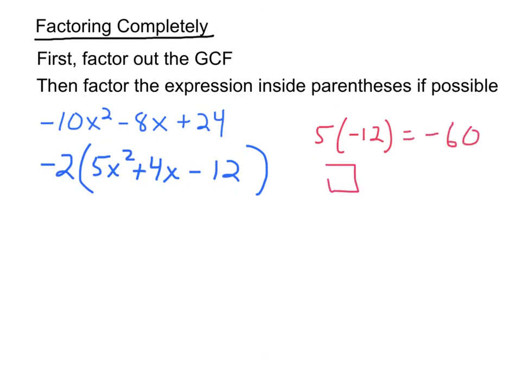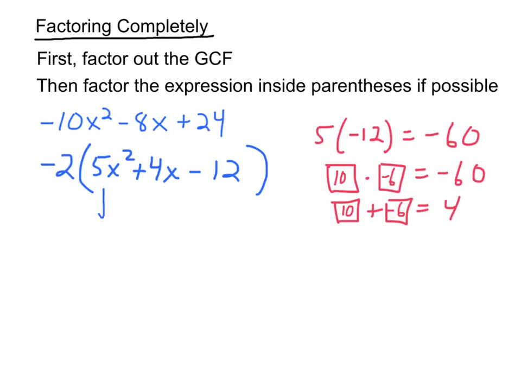And then we have to find two numbers that multiply out to equal negative 60, and that also add up to equal 4. And the numbers that make that work are a positive 10 and a negative 6. Because 10 times negative 6 does equal negative 60, and 10 plus negative 6 does equal 4.